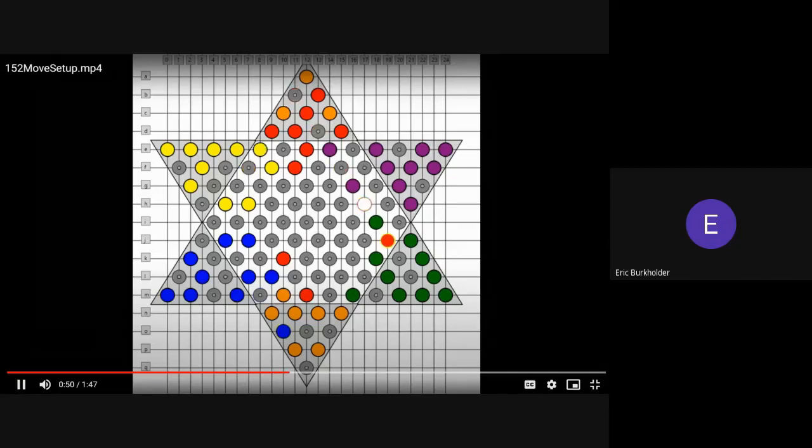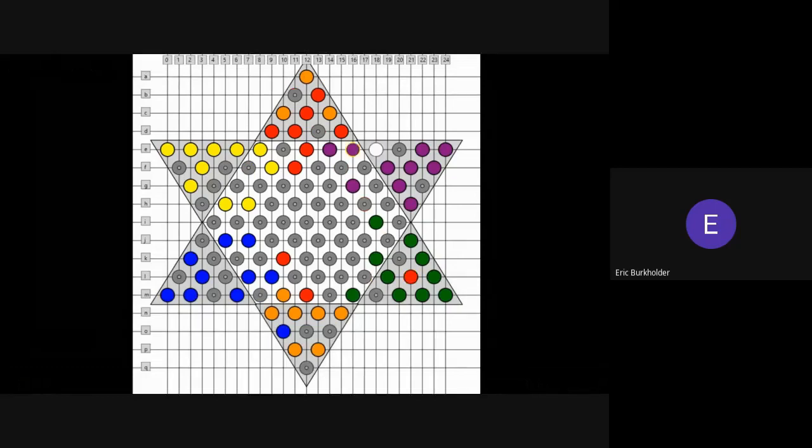Now, we can see Purple and Green begin construction of the 3-8-10 ladder, while Orange places the 2-7-9 group.